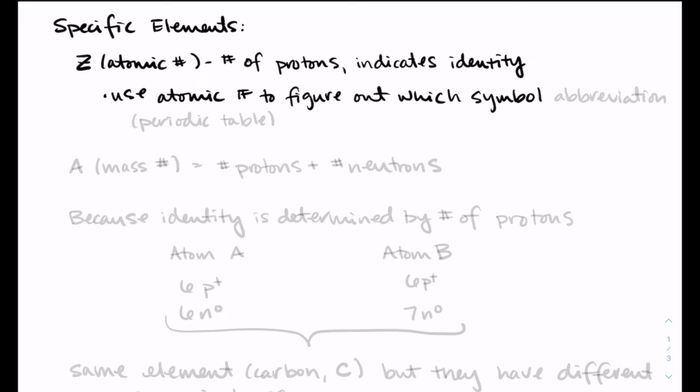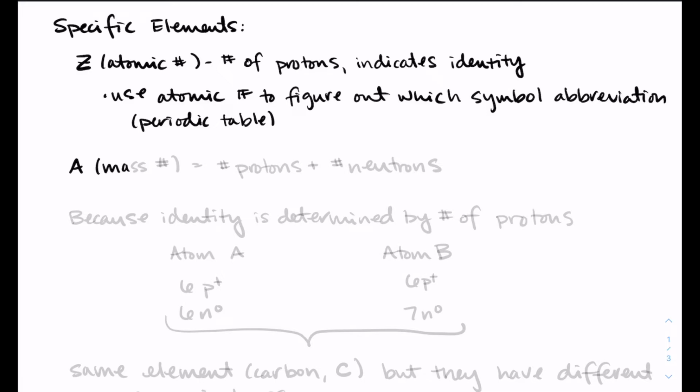And the corollary here, if I give you an element, so let's say the element bromine, once you find out how many protons bromine has, because those are specifically related values, then you know how many protons every atom of bromine has.